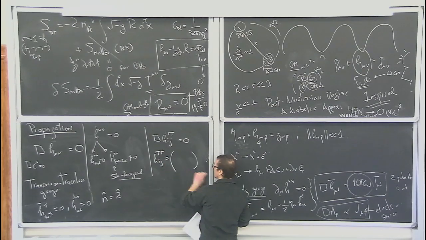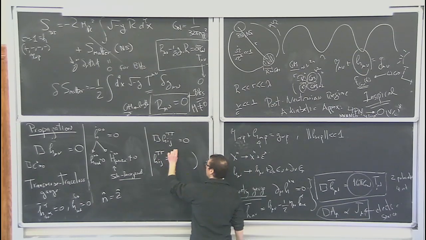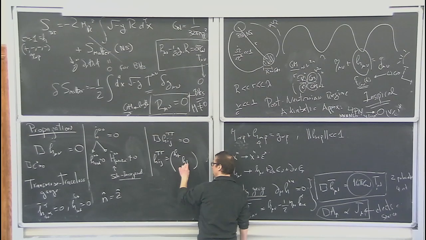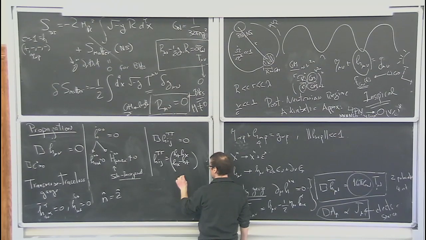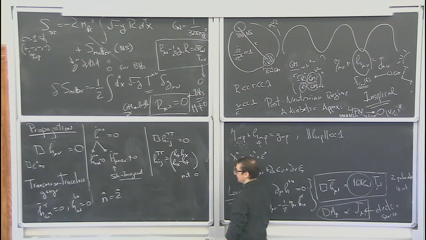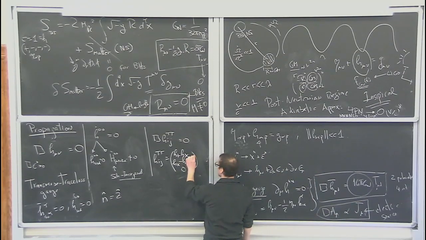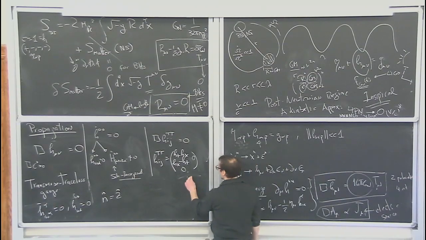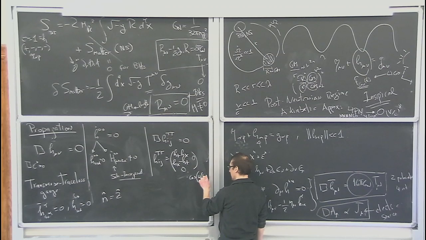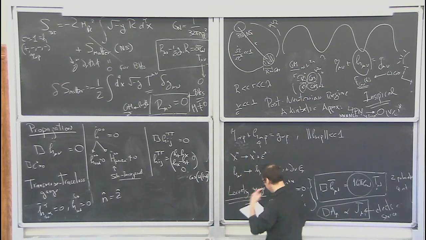This is a matrix, and these two polarizations are often denoted as h plus, which is traceless, and h cross, and the rest is 0. I don't want to put all the zeros, okay? 0, 0. And then it oscillates. With c equal to 1, right?